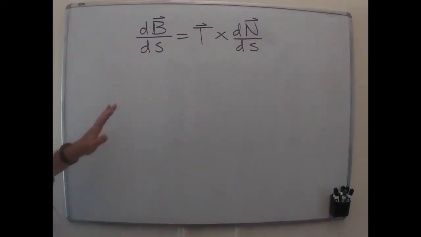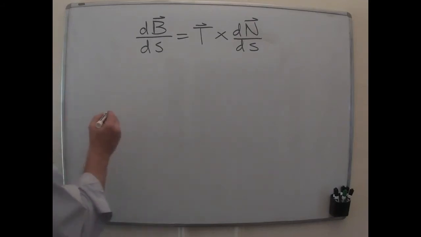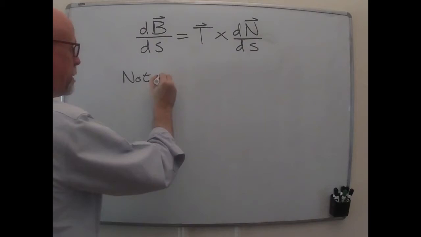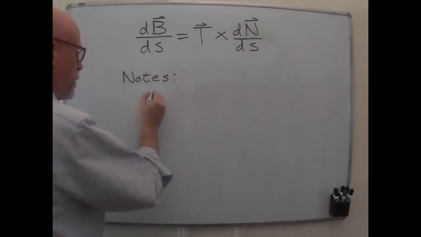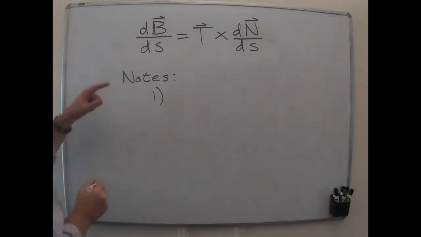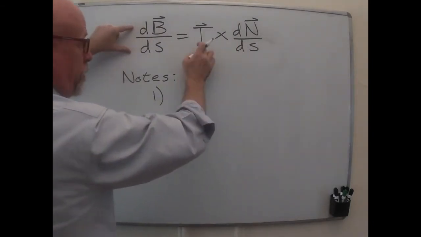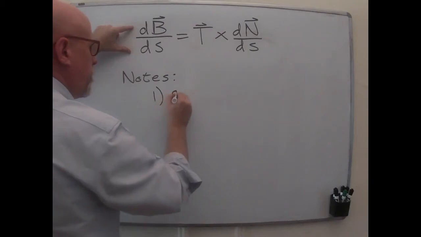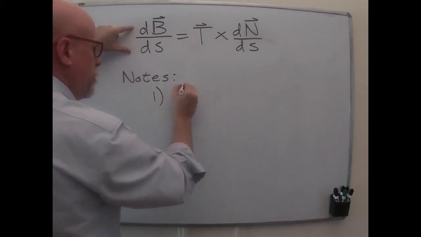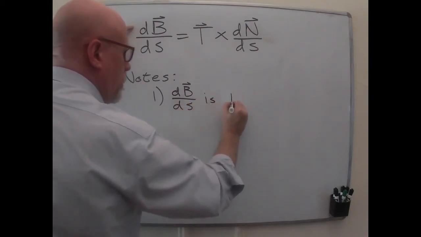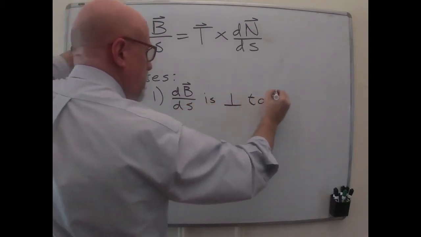So I just cleared the board and recopied what we just derived at the top, so we have a little room to work. I want you to notice a couple of things about this vector dB ds. There's really just 2 things that are going to be important. dB ds is the cross product of things, so it's perpendicular to both of these guys. So let's pick the one we really need: dB ds is perpendicular to T, the tangent vector.